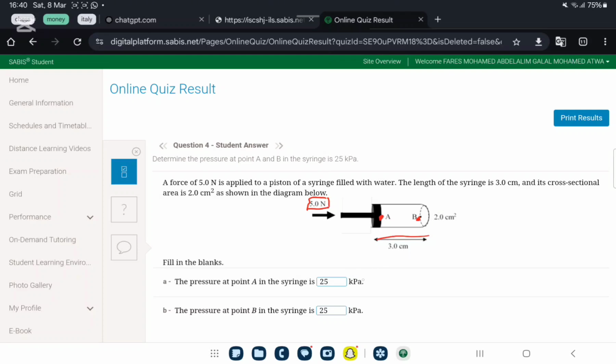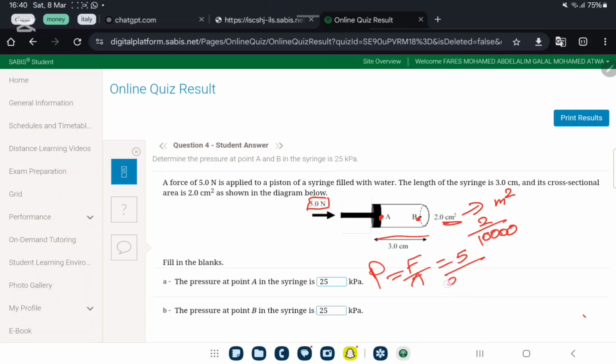So pressure PA is equal to F over A. Area they gave it to us in centimeter squared, so we convert it to meter squared. So it's 2 over 10,000. So F is 5 divided by 2 over 10,000.